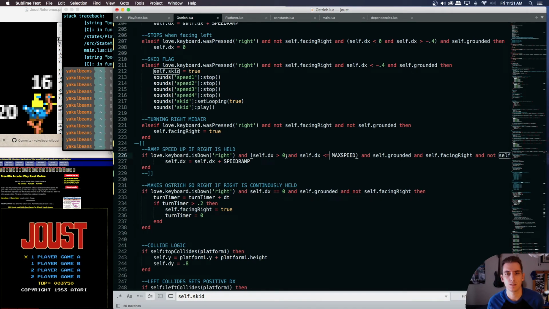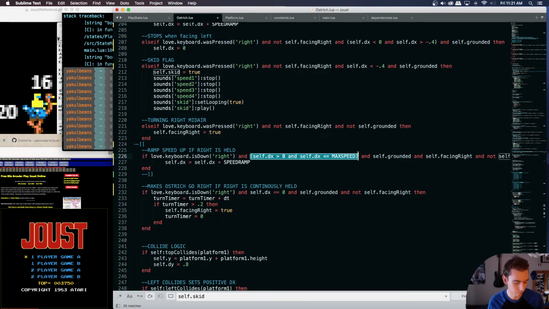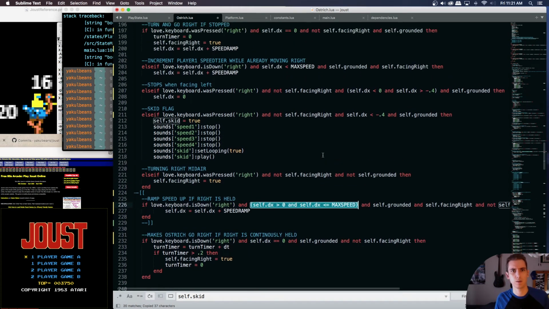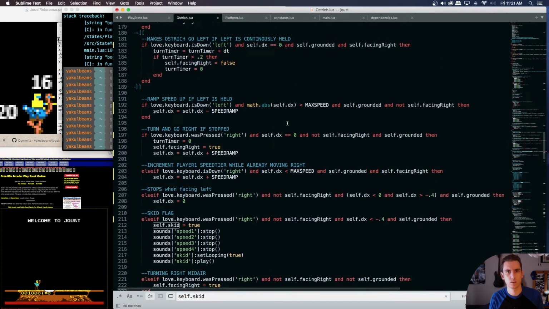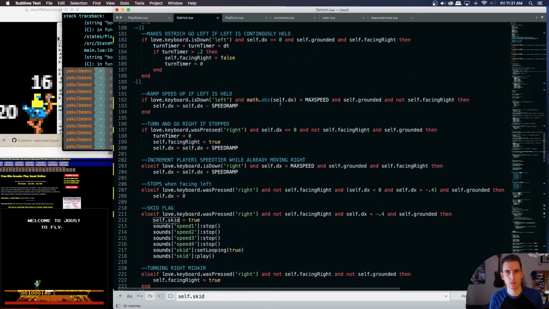So let me do the same appropriate logic on the ramp left speed if left is held. Oh, see, look, I did this. Max, so greater than or equal to. But we also want to say it's smaller than 0.